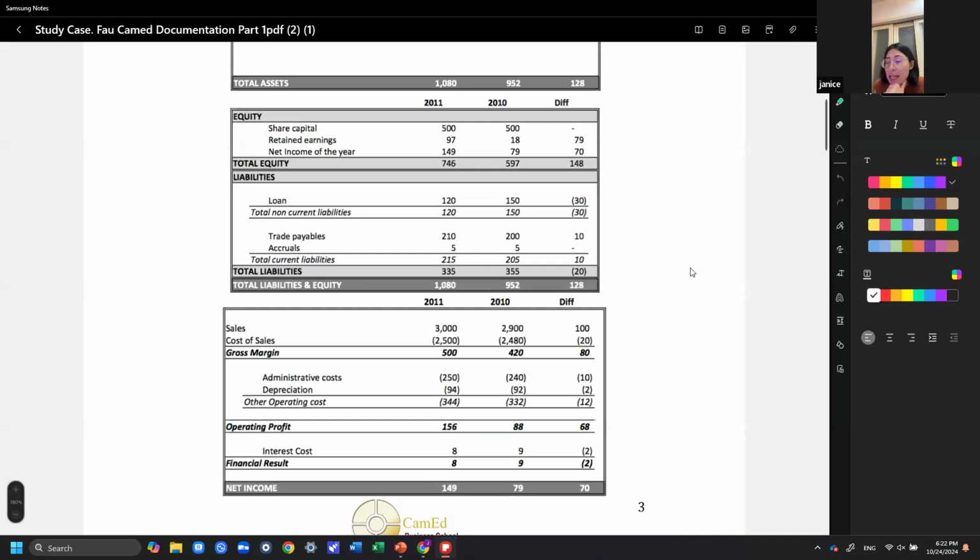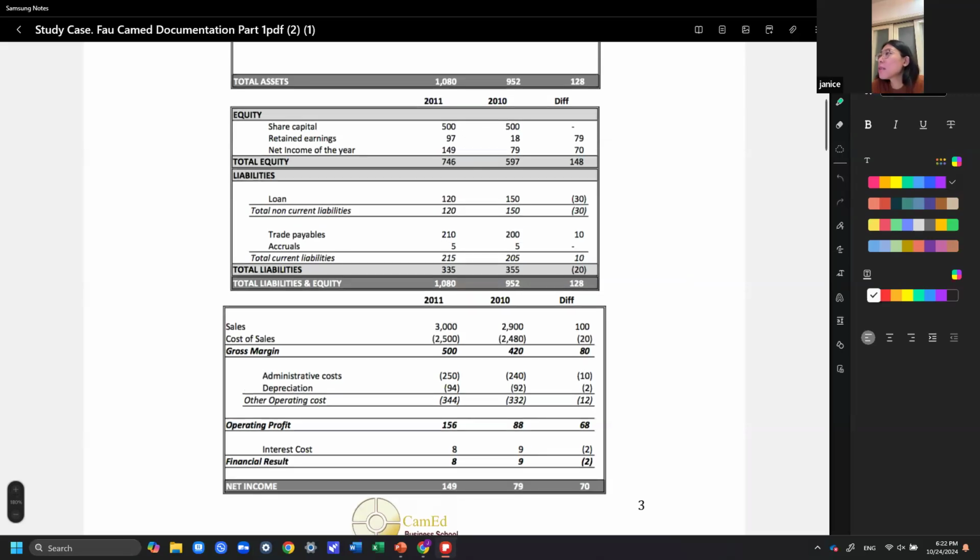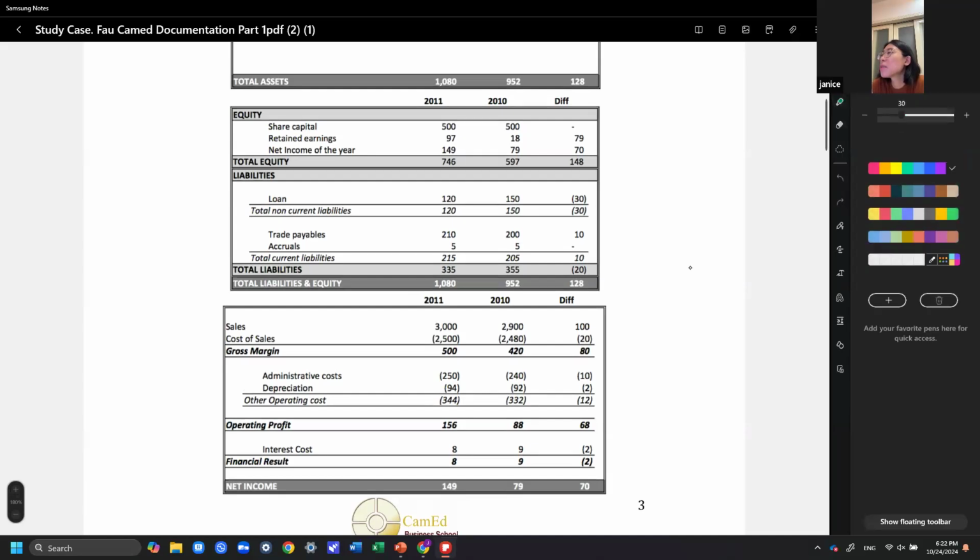So if we look at the net income, do you see where the net income is? Here. Let me see. Is it this one or this one? Oh my god, this is so big. Okay.